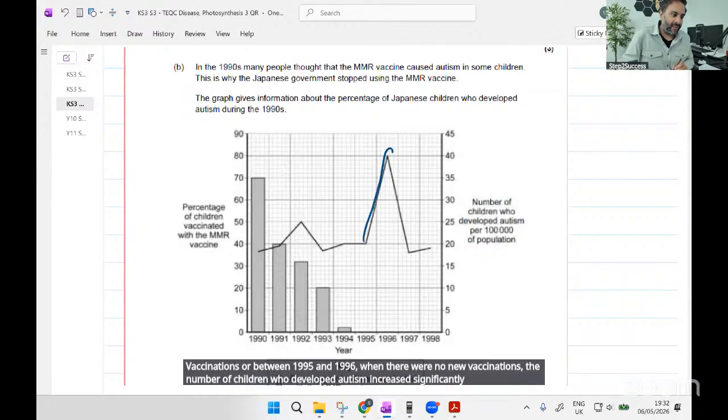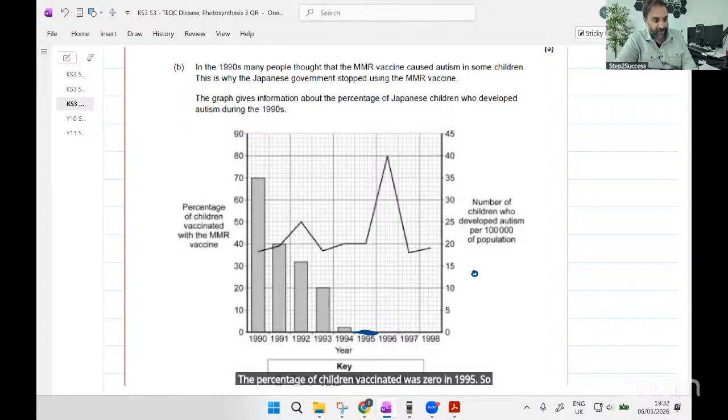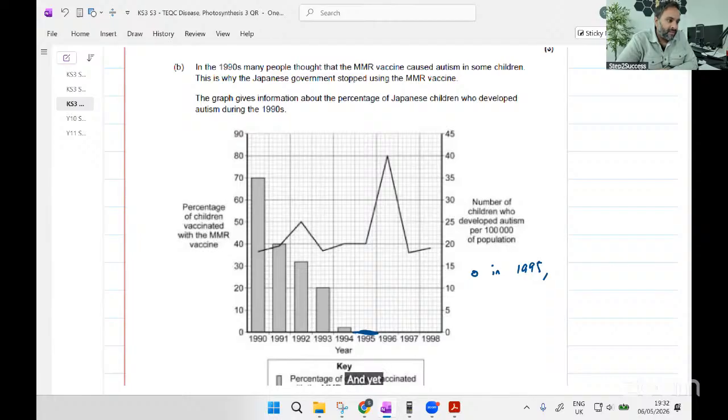There was a big increase in a year when there was no vaccine. So you can mention the fact that the percentage of children vaccinated was zero in 1995. Put this in your own words: zero in 1995, and yet the number of children developing autism rose a lot.